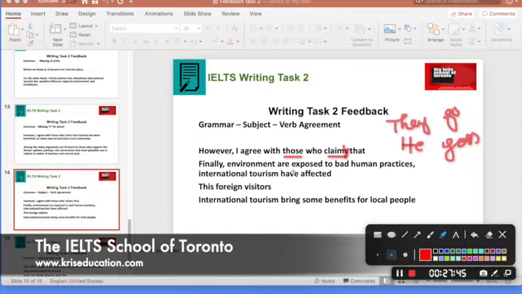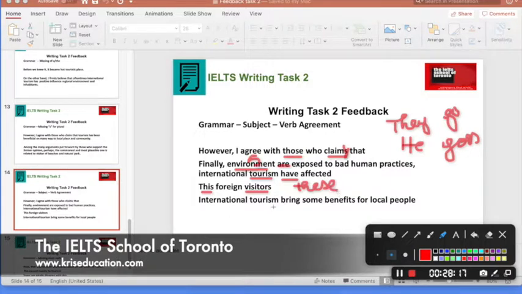Finally, "environments are exposed." Environment is singular. You need is exposed. And "international tourism have affected." Have is plural, tourism is singular, so has affected. "This foreign visitors": visitors is plural, this is singular, so you need these for plural.